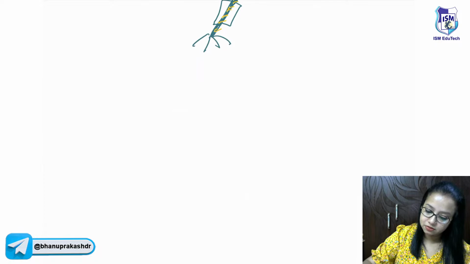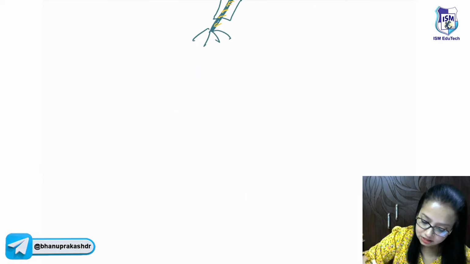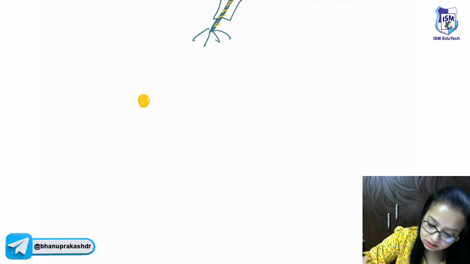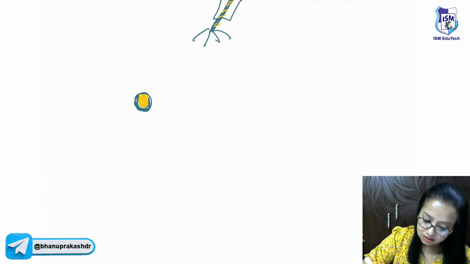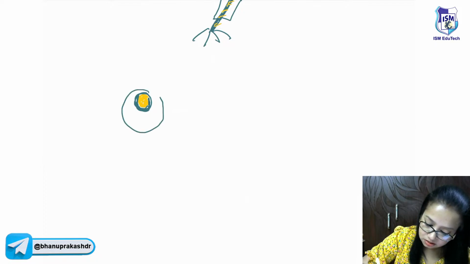Okay, apart from that, yesterday we studied the hierarchy. So if this is the axon, the outer covering is the endoneurium, right? And many such form a fascicle.